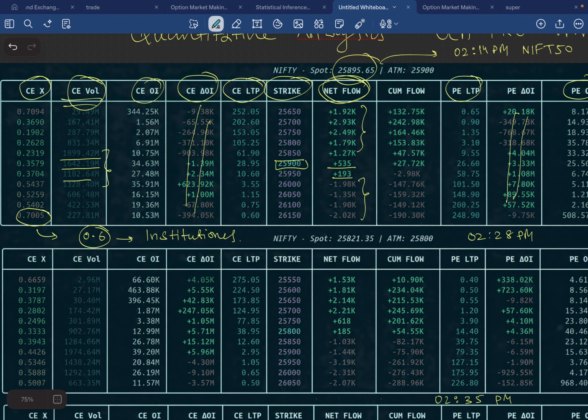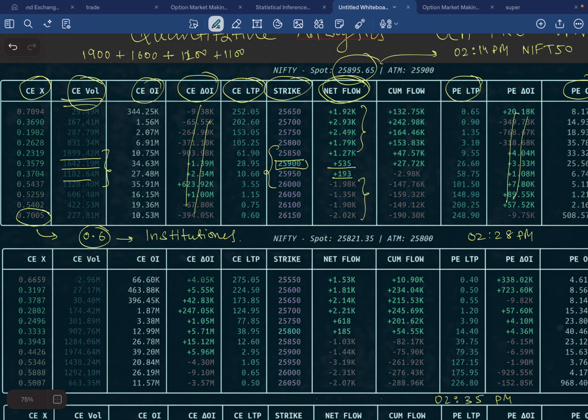So you can see that for these four strikes, that is 25,852, 26,000, the net volume would be around 1900 plus 1600 plus 1800, 1200. Let's round it out, and then again around 1100.